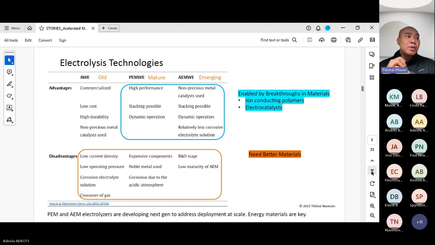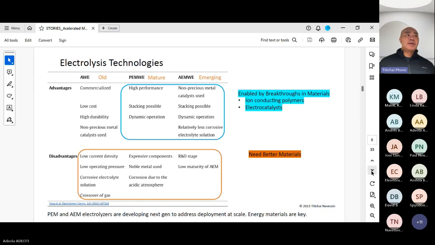The use of platinum noble metal catalysts increases the cost, and the highly corrosive atmosphere drives the use of other materials that have to be corrosion resistant. This technology is mature enough to be used in early deployment. However, as I will show, it is not going to be able to deploy widely. So deployment at scale using this technology would be a significant drawback.